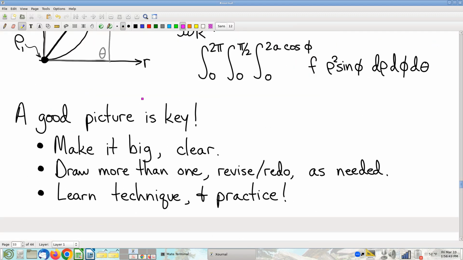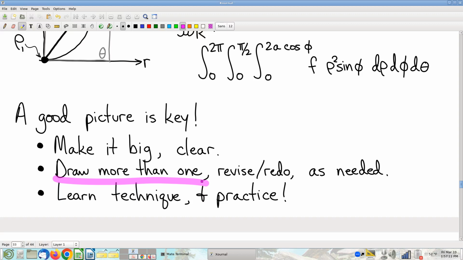Next, you might need to draw more than one. Your first picture, despite your best efforts, might be confusing and cluttered. In fact, very often this is the case. It's also the case very often for me when I'm trying to figure out what's going on with various surfaces. Maybe I'll just draw these surfaces and maybe that'll help me get a point of view on how to think about what we're talking about here.